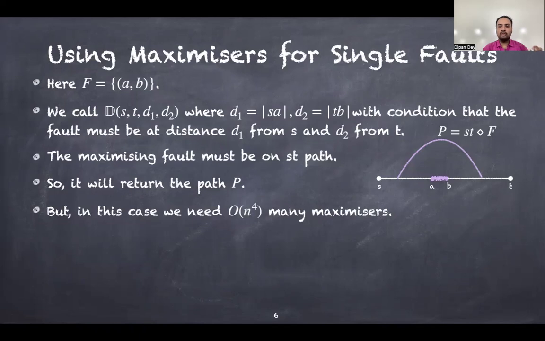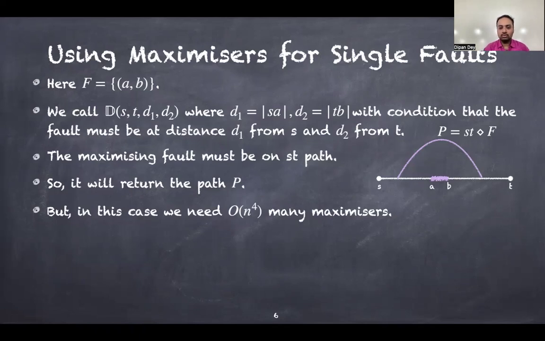So this will need big O n to the power 4 many maximizers, and we don't want to take that much space. To store all the maximizers, we would need at least that much space, so we cannot do that. This big O n to the power 4 many maximizers is not the plan actually, but we will somehow use maximizers.